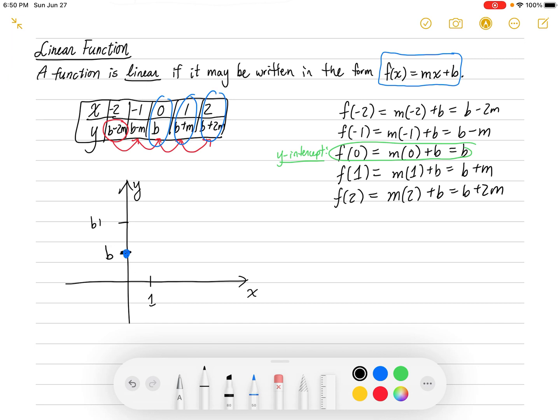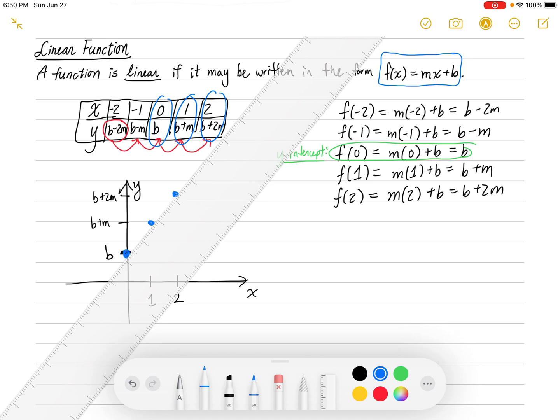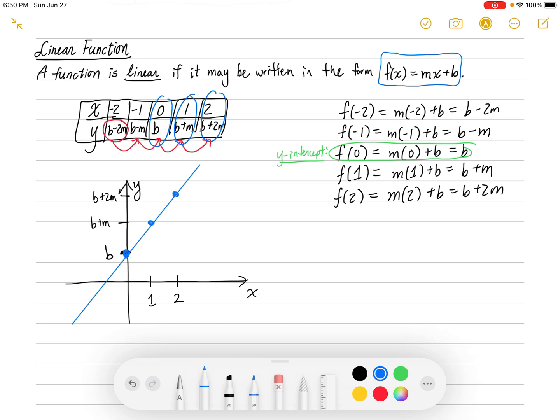And then next, when x is 1, you'd have b plus m. So b plus m, let's say, is here. That would be your next point. So you increase the y value by a positive m, and you increase it by another positive m. This would be b plus 2m, when x is 2. If you were to connect these all, you get a nice straight line.